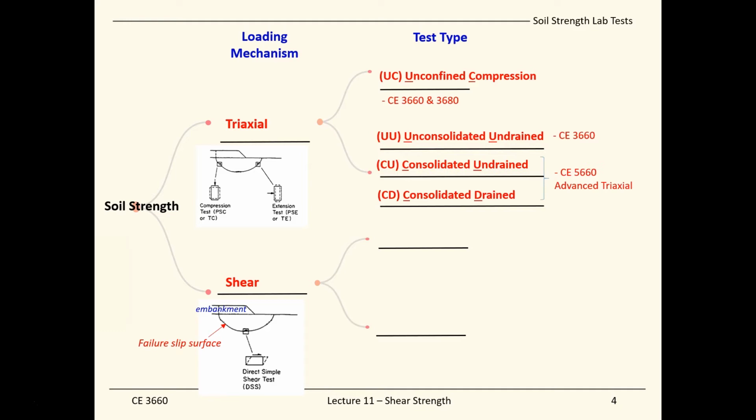Beyond that, the advanced triaxial tests require much more complex understanding of soil mechanics, and we typically cover those two tests at the graduate level. So in CalCLA, we talk about these two tests in detail, in the next level class, 5660, Geotechnical Engineering 2. The two tests after that are the CU test and CD test.